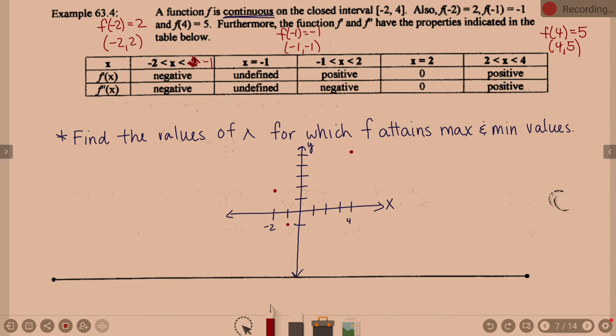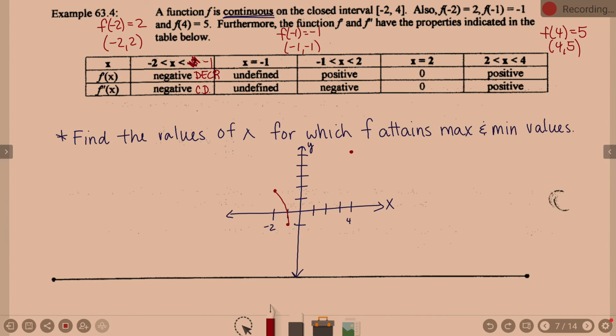So a negative derivative means that we are decreasing. What does a negative second derivative tell me? Concavity. So between -2 and -1, we are decreasing and concave down. I know, I have to be extra quick.